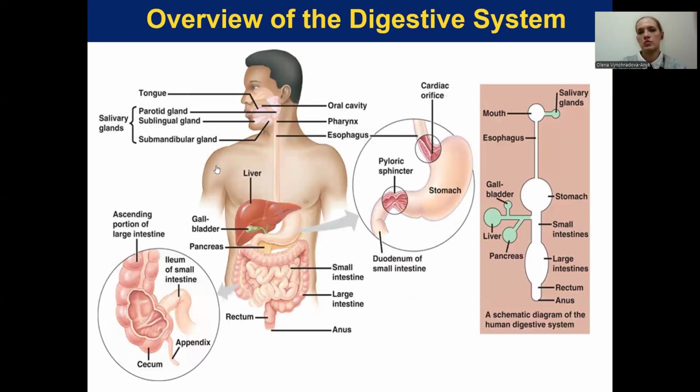The GIT starts from the oral cavity. After that we have the esophagus, which moves to the stomach. From the stomach we move to the small intestine, and after that the large intestine, and that is all.